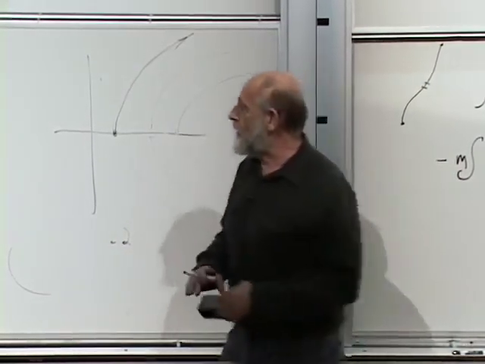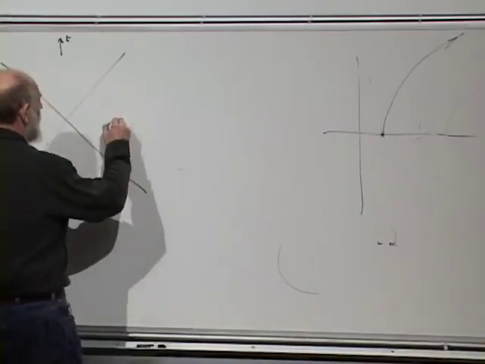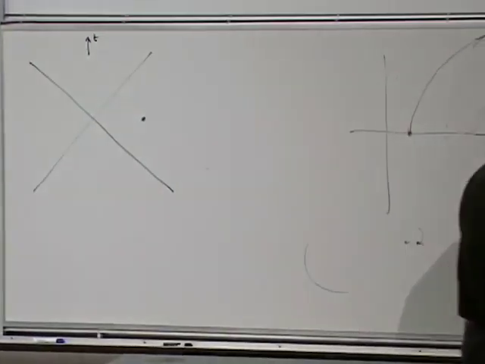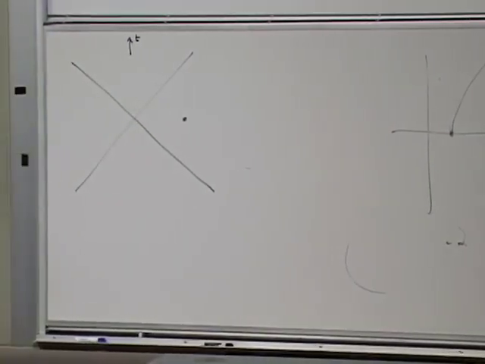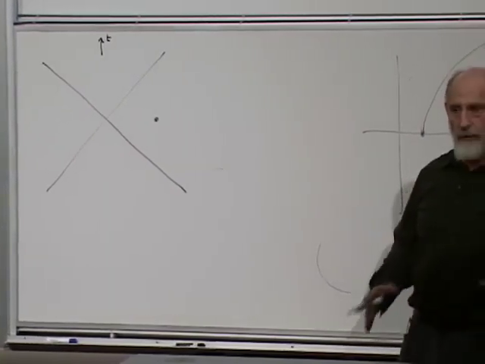All right, what kind of observer in special relativity corresponds to a uniformly accelerated observer? It's one who feels the same amount of acceleration at all times.